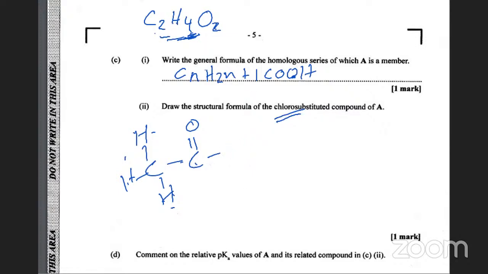You could replace the OH group with a chlorine group to get the acyl chloride. This is the structural form of the chloro substituted compound of A. So if you have carboxylic acid and SOCl2, you can get an acyl chloride.